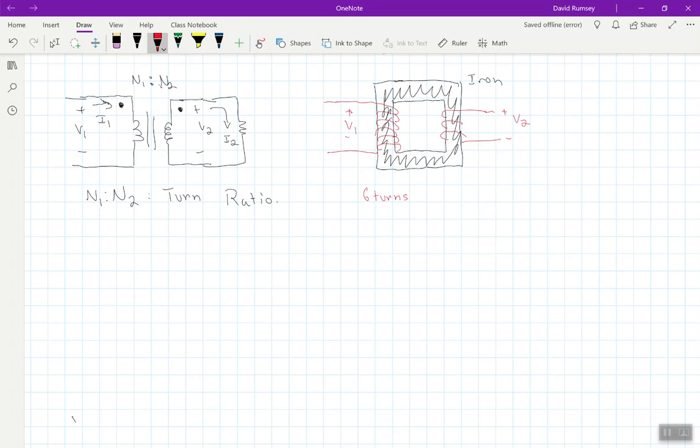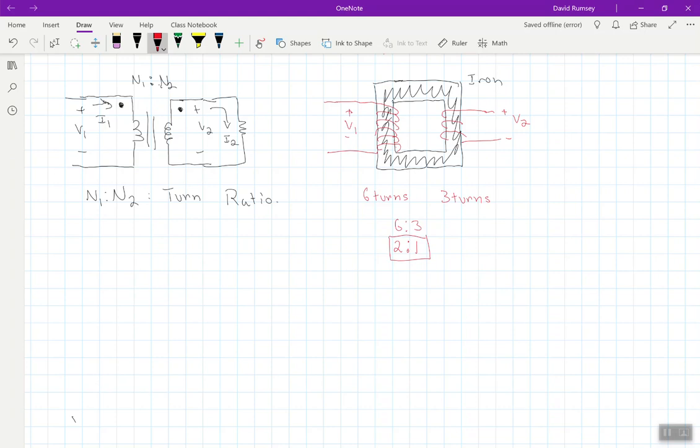And then on the secondary side, we have 1, 2, 3 turns. And so the turn ratio here would be 6 to 3, but we also like to reduce that down as much as possible. So my turn ratio would be 2 to 1 for this transformer.